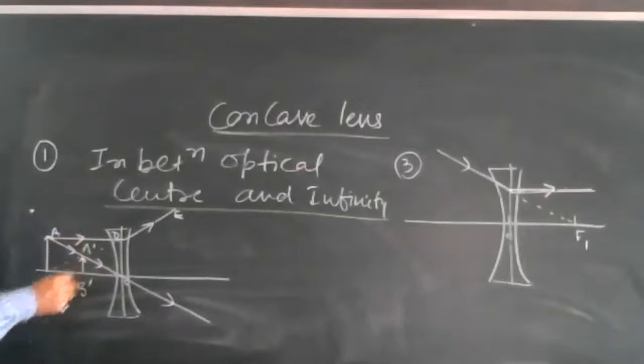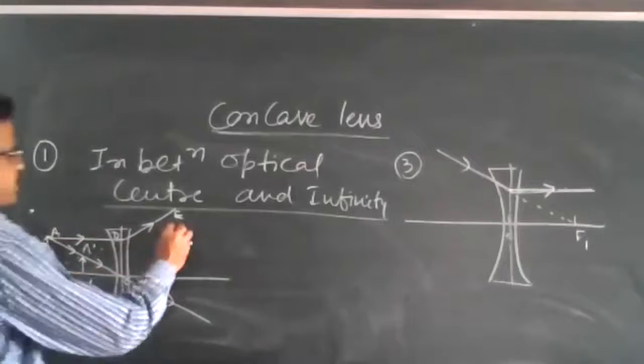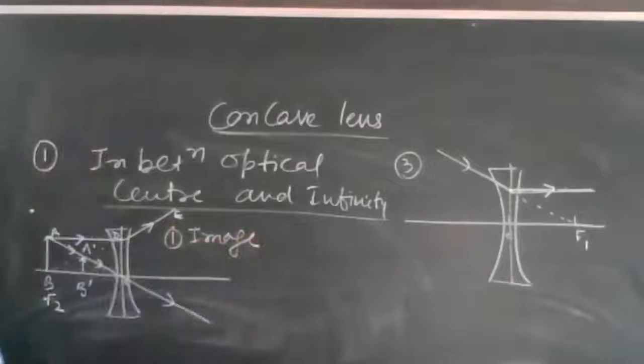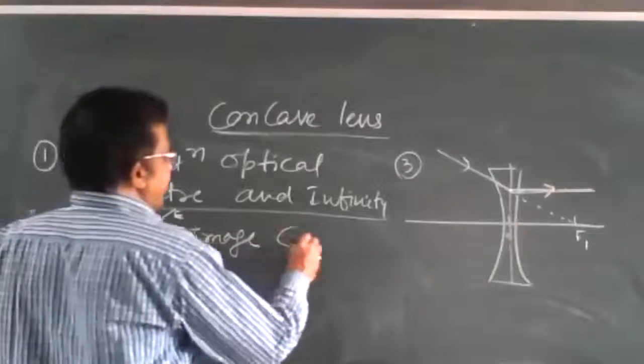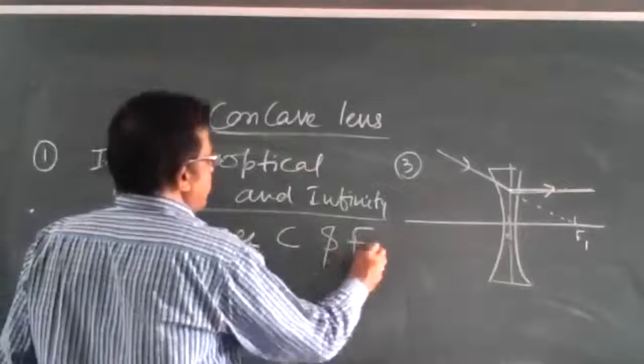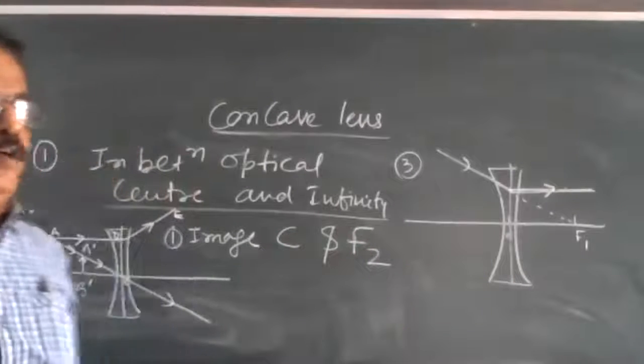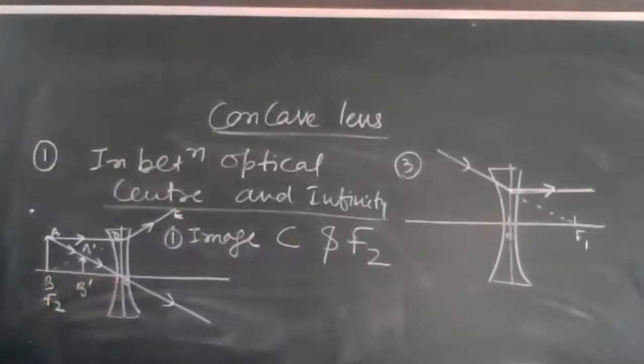So we are getting the image here that is in between optical center and second principal focus. Image is formed in between the optical center and F2.